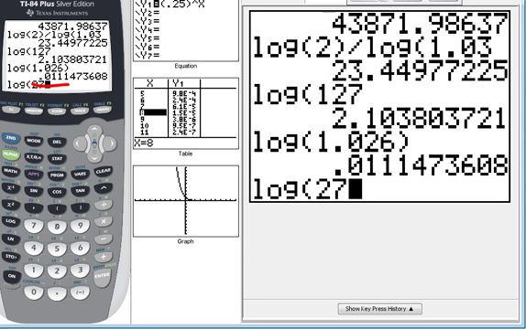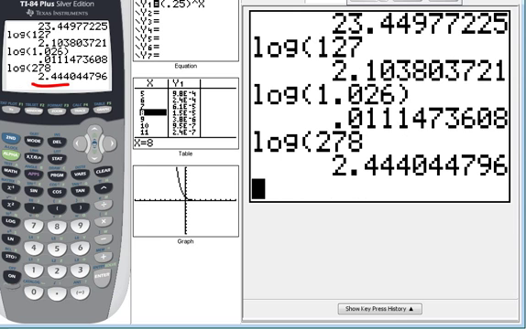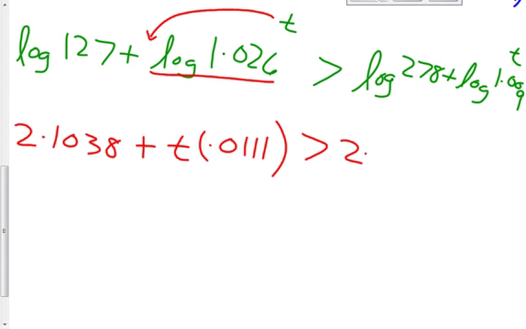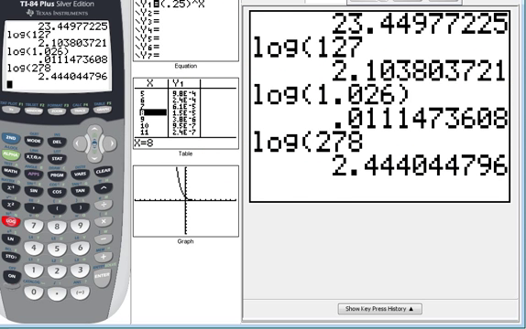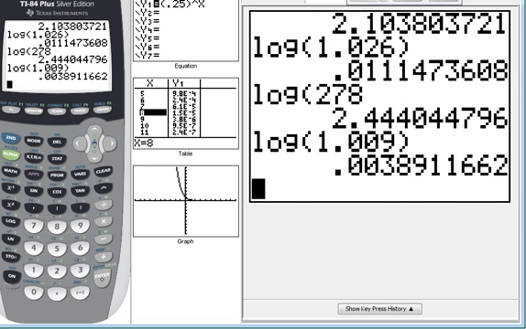Log 278, rounded to 4 decimal places, is 2.444. Plus, once again, I'm going to move the T to the front, so it's going to be T multiplied by the log of 1.009. Log 1.009, and I get 0.0039.